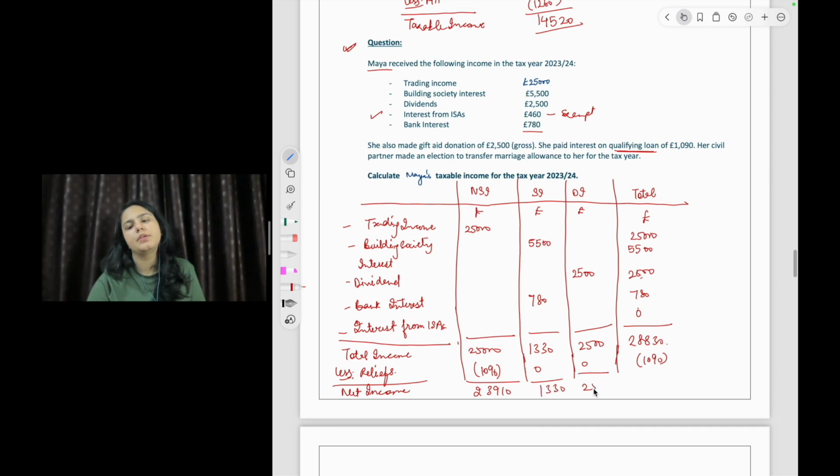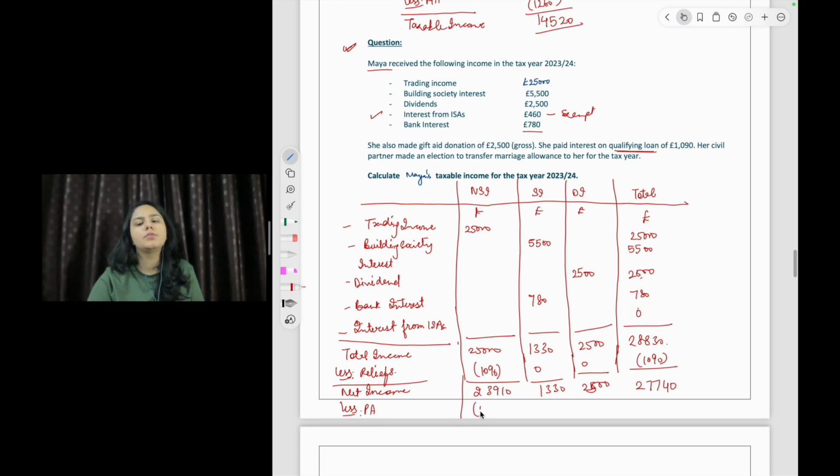Savings income of 5,500 and 780 comes to 1,330 in savings, and dividend income is 2,500. 28,830 minus 1,090 gives me 27,740. Then I'm going to subtract my personal allowance and marriage allowance. First of all, less personal allowance.